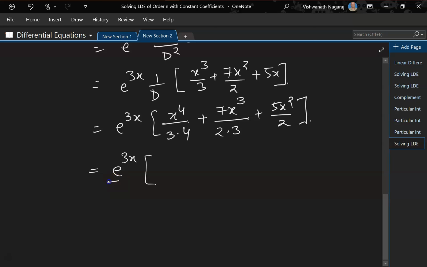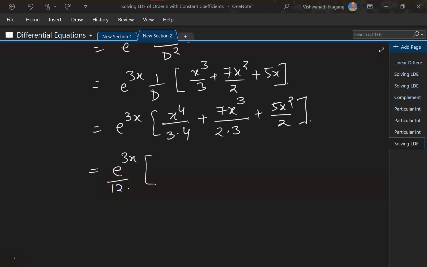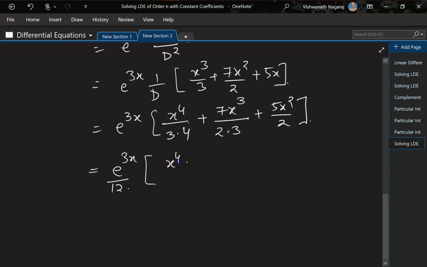So let's take 12 out. The idea of taking 12 out is we don't want anything in the denominator inside the brackets. So this becomes x⁴ + 14x³ + 30x².